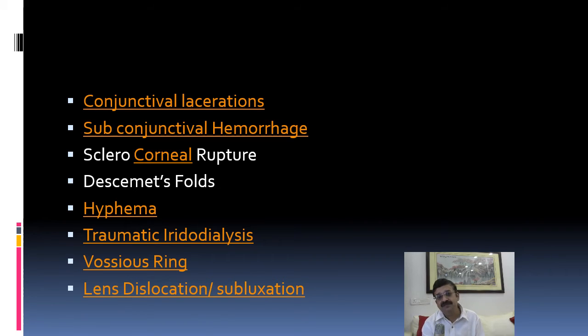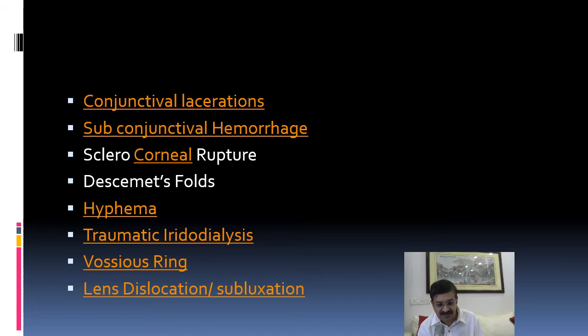Now, one very favorite question which the examiner asks in the viva goes like this: suppose somebody hits you with a fist on your eye. What are the injuries from without inwards that you expect to see in the eye? This is a question which will test your knowledge about the entire gamut of mechanical injuries that the eye can suffer. So we will take that question and we will describe from without inwards one after the other.